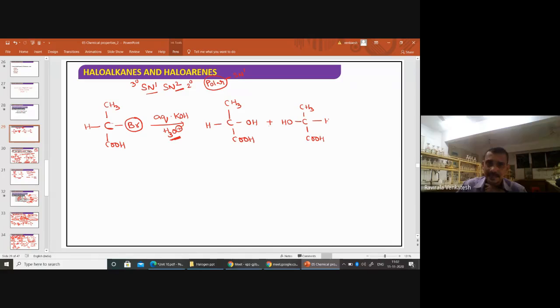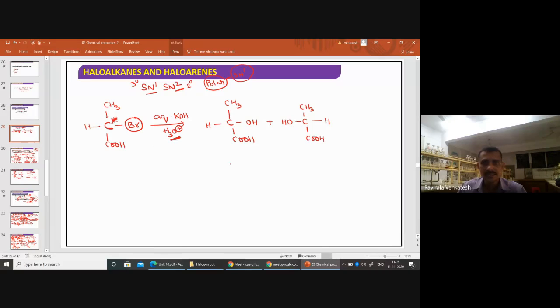Because in an SN1 reaction, if the reactant has a chiral center, and this carbon is a chiral center, then definitely you are going to get a racemic mixture.